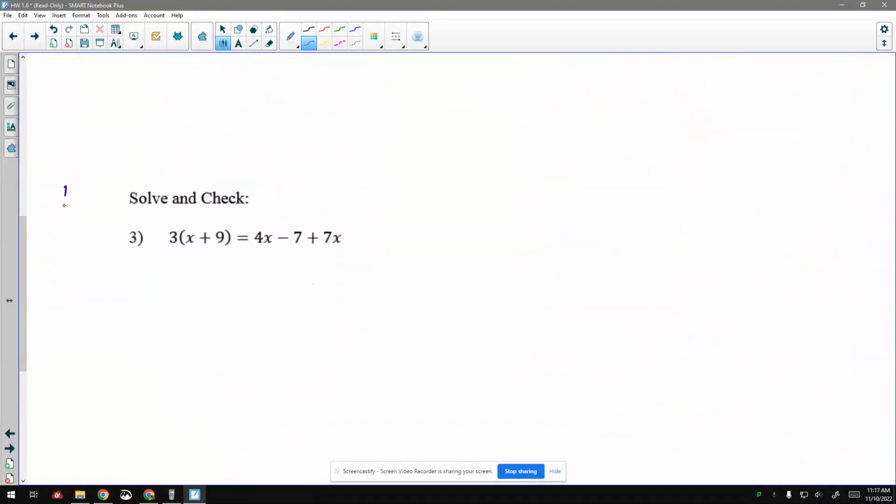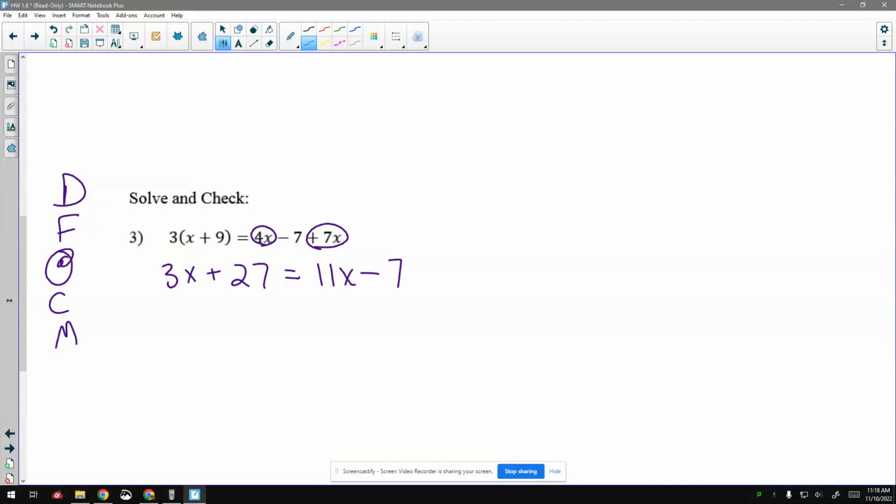All right, here we go. I'm going to distribute 3x plus 27. I'm going to combine like terms in this step, if that's okay with you. 11x minus 7. Now I have variables on both sides, so I'm going to move the variable.